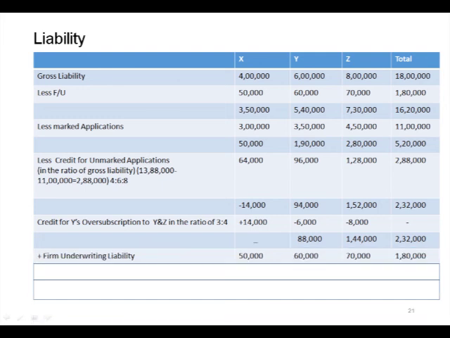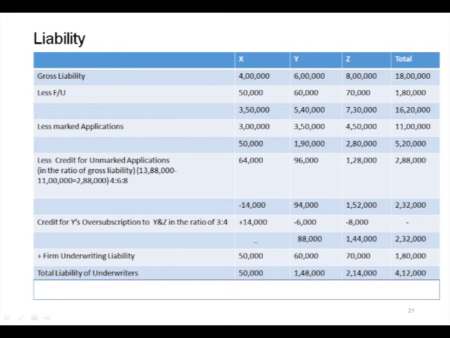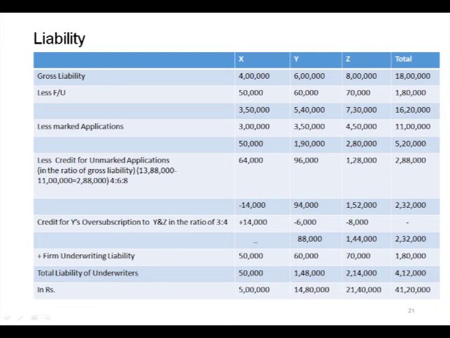Now we shall add back the firm underwriting liability, that is 50,000 and 60,000 and 70,000 respectively in case of X, Y, Z, and total is 1,80,000. The total liability of the underwriters would be 50,000, 1,48,000, 2,14,000, and total is 4,12,000. And lastly, in rupees, because the value of one share is rupees 10, we shall multiply the number of shares by 10.